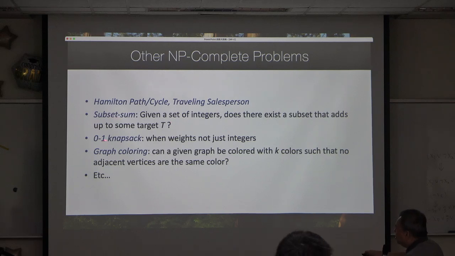Or 0-1 knapsack, when the weights are not just integers. If the weights are integers, there's a polynomial solution. And graph coloring: can a given graph be colored with k colors such that no adjacent vertices are the same color?